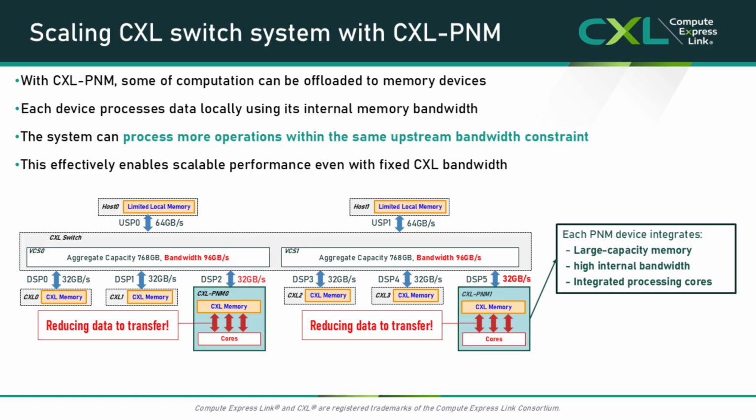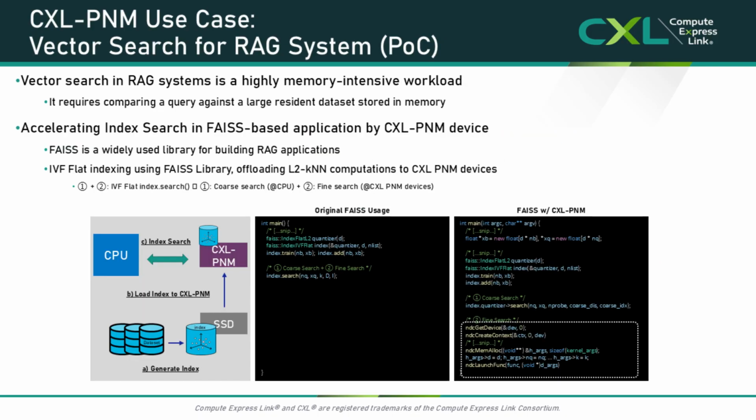Because each PNM device processes data locally, only reduced results need to pass through the upstream port. This means the system can process more operations within the same bandwidth constraint. We are not increasing bandwidth, we are using it more effectively. And this approach enables scalable performance even with a fixed CXL bandwidth.